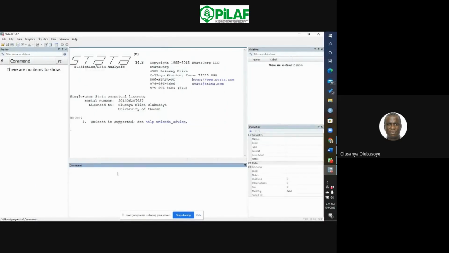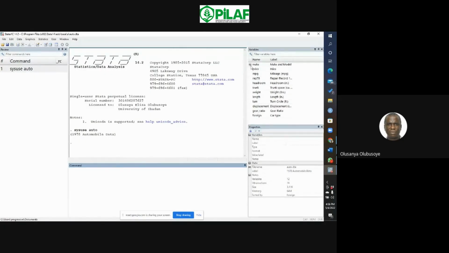We will now employ the first one, but before we do that, we are going to still use the auto data that we have been using. I'm going to use the system data, the auto data that is inbuilt in STATA. I'm sure you are still familiar with the data. It's about the make of vehicle models, the price, the mileage, the repair record, and all of that.